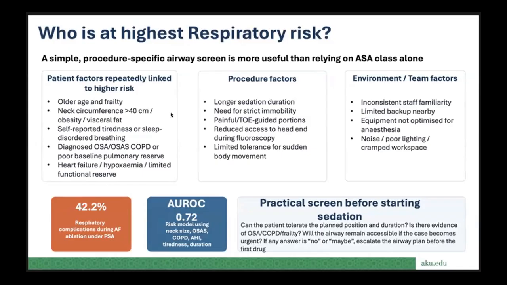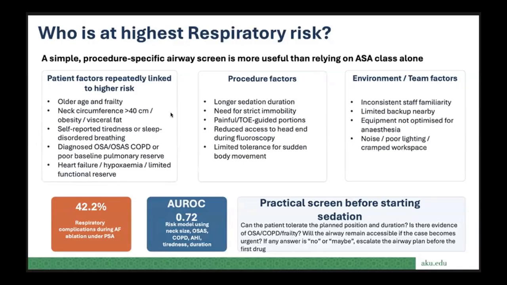These are all patient-related risk factors in which respiratory risks are very high. Procedure-related risk rises with longer sedation, painful steps during the procedure, use of TOE guidance, and the strict need for immobility. Environmental factors such as poor lighting, cramped spaces, and inconsistent staff familiarity further narrow the safety margin.